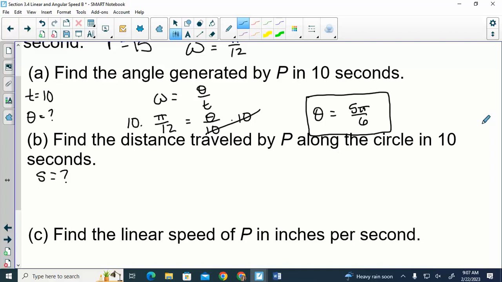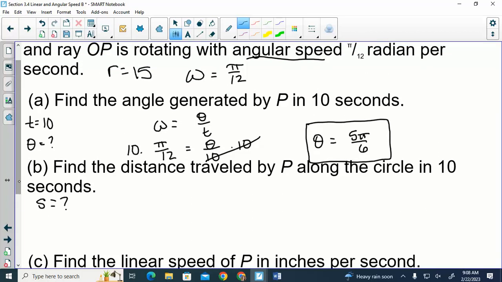Do we have r and theta? r was given in the problem, and didn't we find theta in part A? So that would probably be the easiest option because we already have both of those. So s equals r theta is my formula. My radius is 15. Theta is 5 pi over 6.